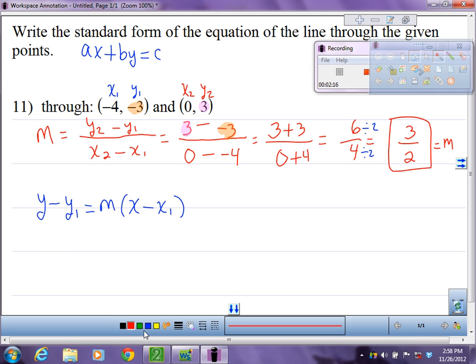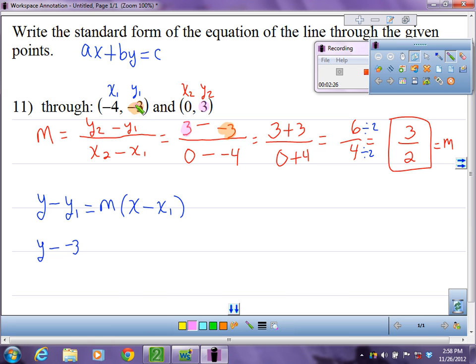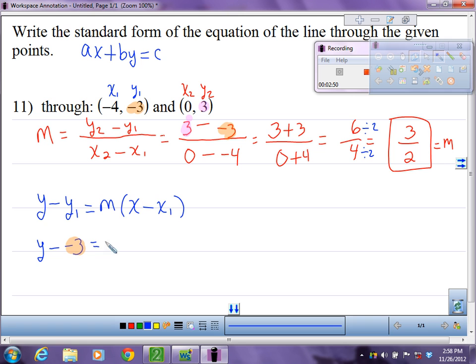So I can come back over here and I can say, okay, y minus negative 3, because I'm going to be substituting this guy over here. I should have kept the same color. Sorry about that. I'm substituting this guy over here. m is 3 halves. x1 is negative 4.